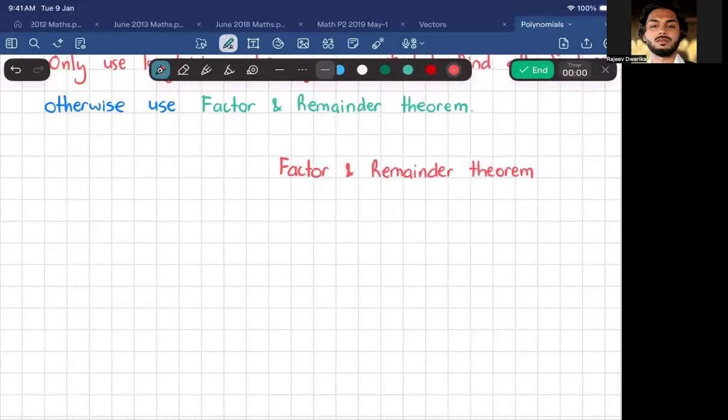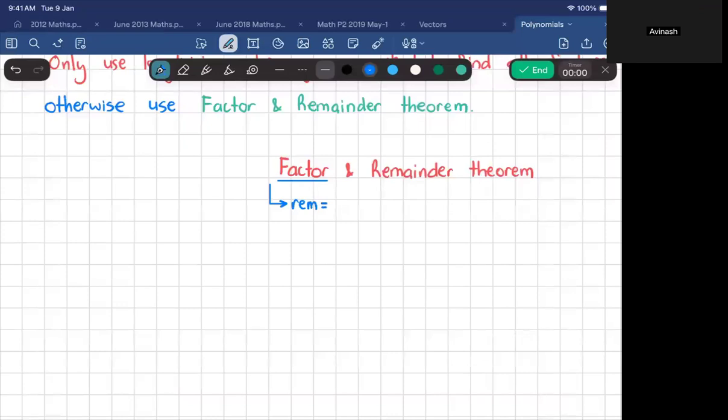So the factor and remainder theorem is essentially the same concept. It's the exact same concept. Just remind me, guys, if something is a factor, what is its remainder? 0. Right. If something does have a remainder, then the remainder will not be equal to 0. It will be equal to some non-zero value, right?